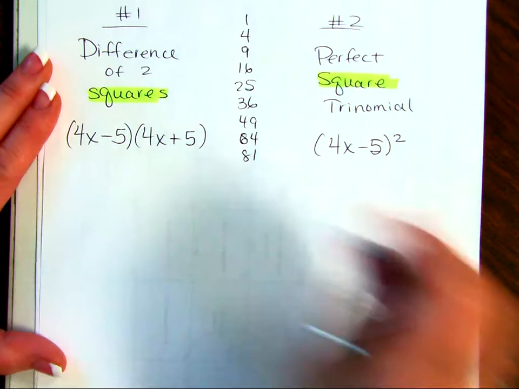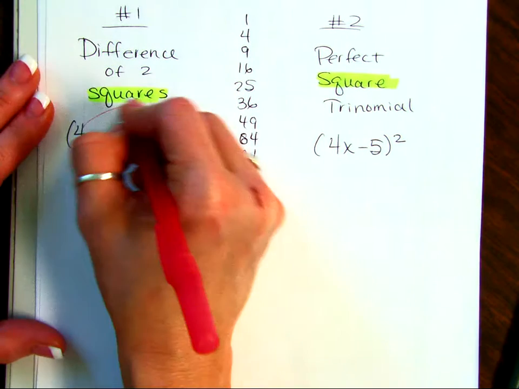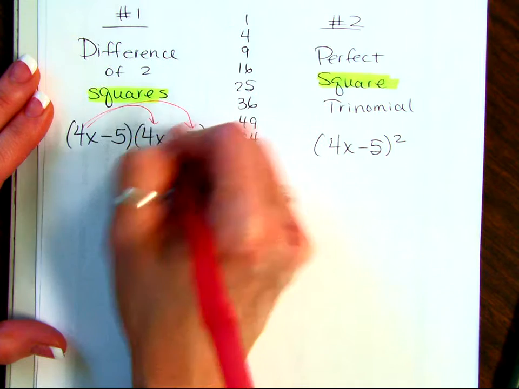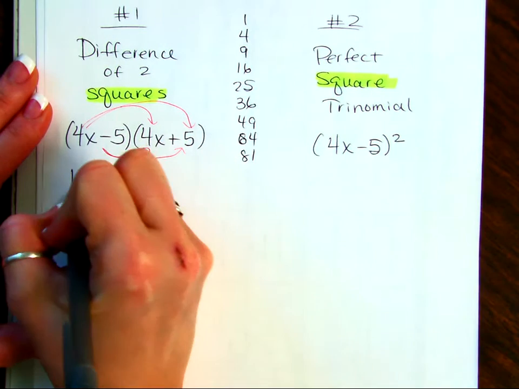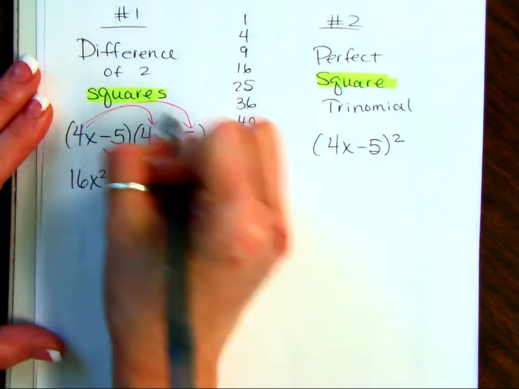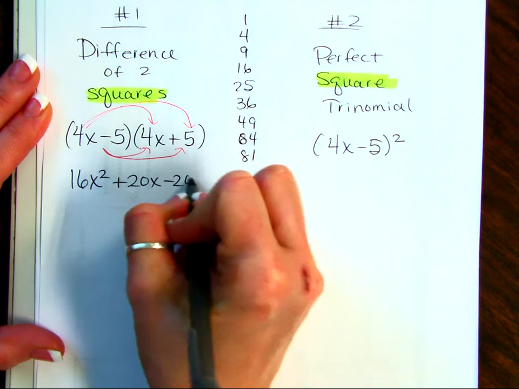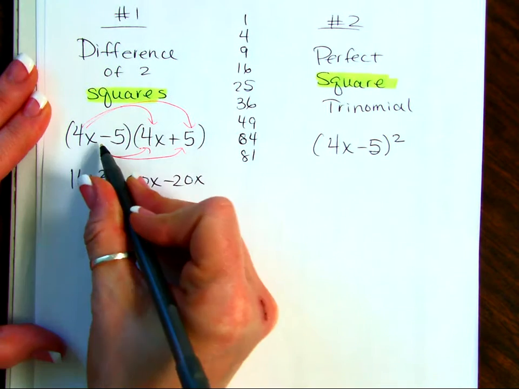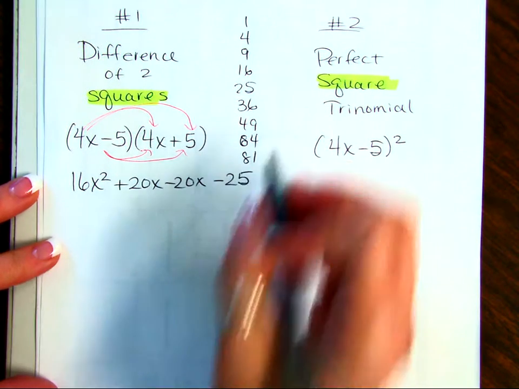So let's go back and distribute this out and see what happens in the difference of two squares. If you remember, you end up getting 16x squared, a positive 20x, then a negative 20x, and then that negative times that positive is a negative 25, right?